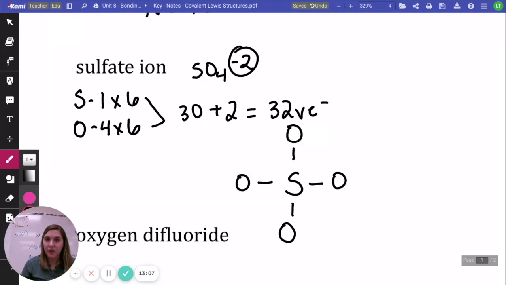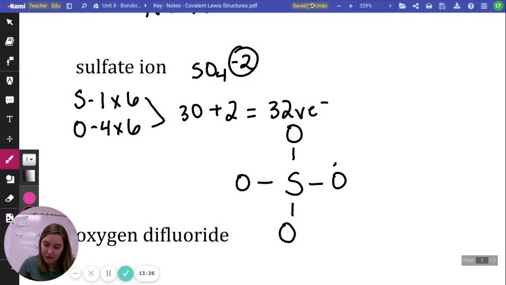Okay, we've bonded 4 oxygens, so that means we've used 8 total electrons. We still have 32 minus 8, what is that, 24? So we still have 24 left to use. So we're going to fill out our outer octets here.